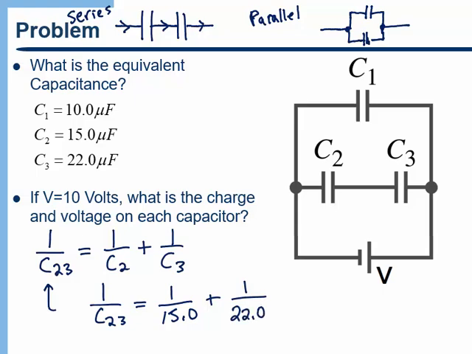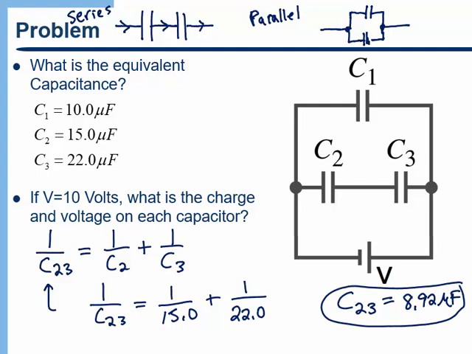Notice, by the way, I'm not converting out of microfarads because that'll just keep my answer in microfarads. I want you to pause the video and calculate the answer for C23. Okay, so hopefully you got that C23 is equal to 8.92 microfarads.